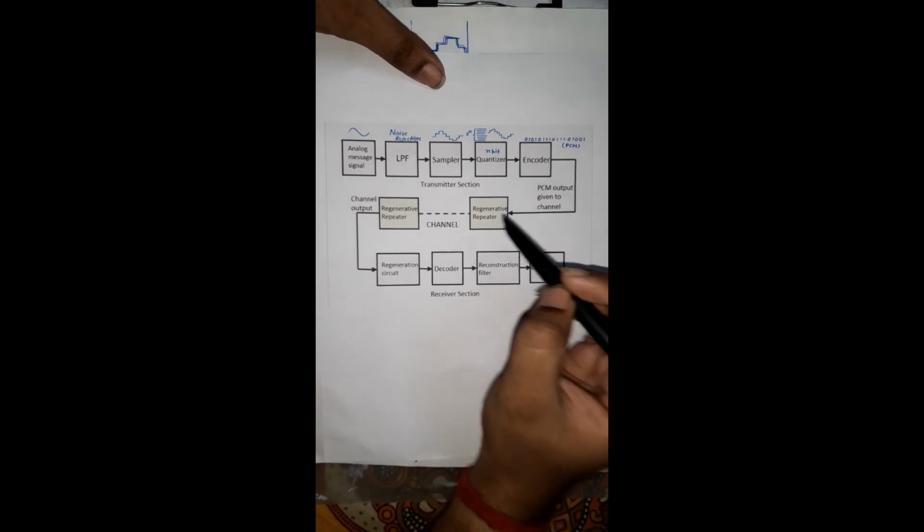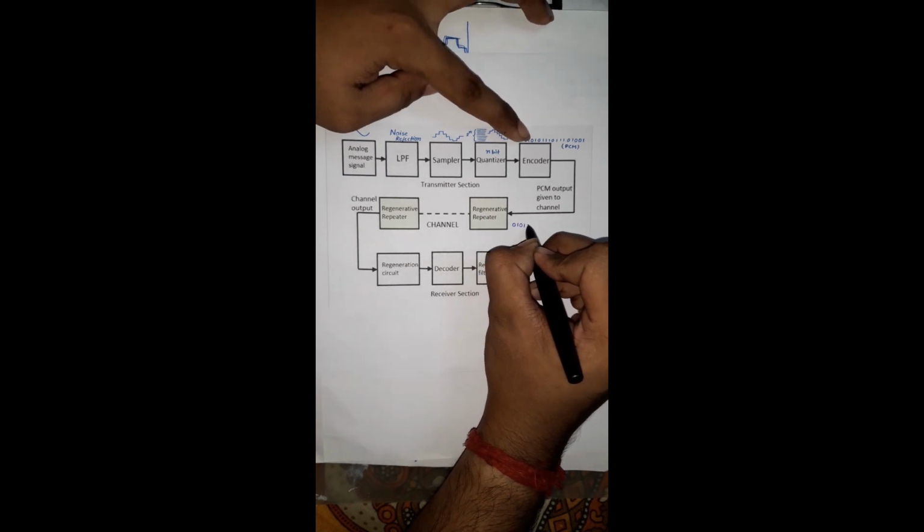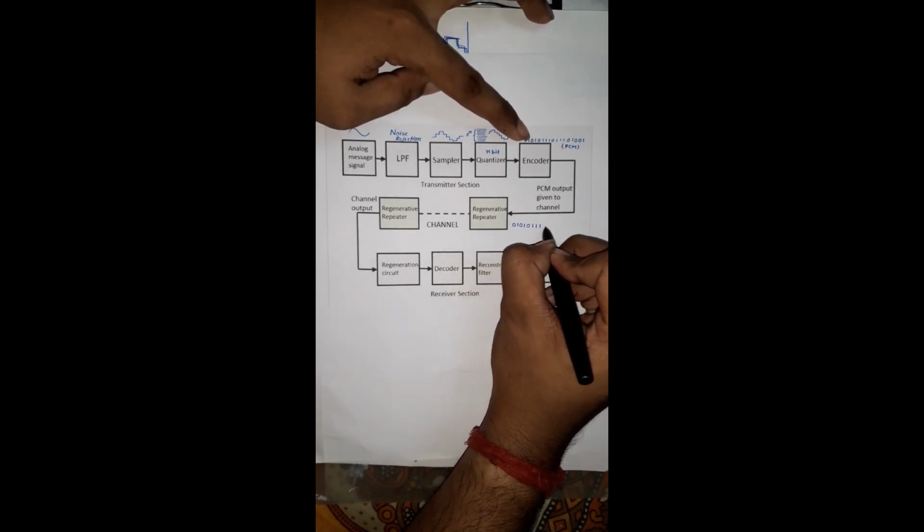So that's why a repeater, a small block, is just regenerating the same pattern. Suppose this pattern is being transmitted, 0 1 0 1 0 1 1 1 and so on.